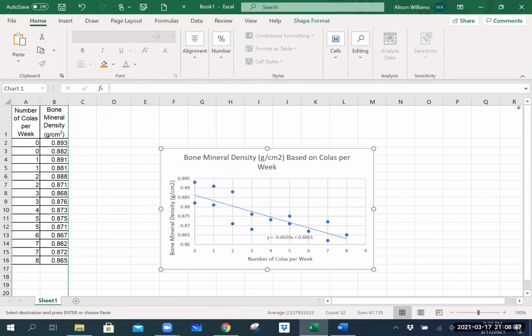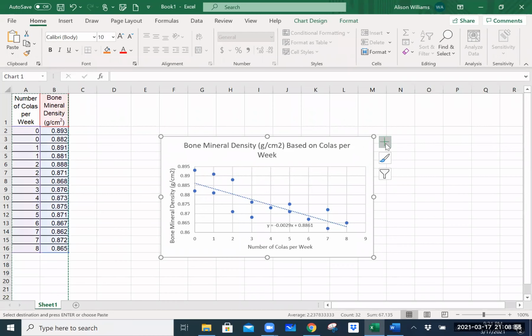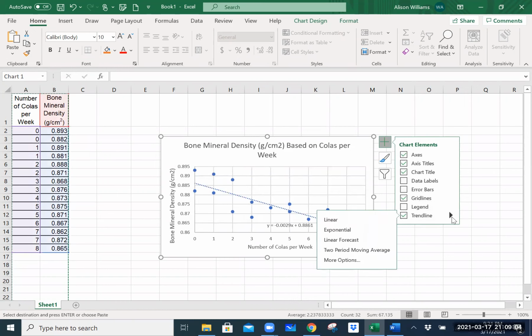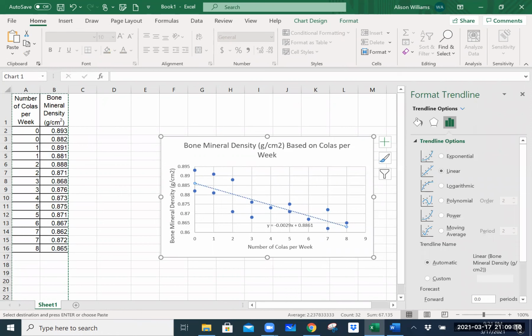Let me grab my keyboard here. Maybe it's this arrow here. No, that's what I clicked earlier. Okay, here we go. This is what I was looking for.